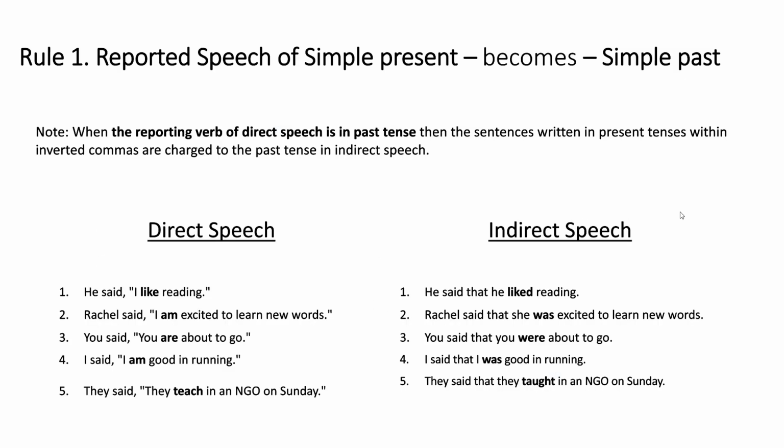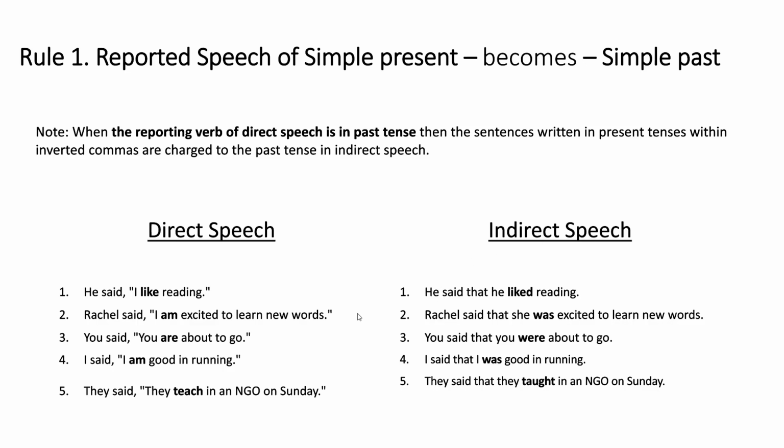Now, this is the rule number one, and we will end our session. Reported speech of simple present becomes simple past. However, you need to note when the reporting verb of a direct speech is in past tense, then the sentences written in present tenses within inverted commas are changed to the past tense in indirect speech.